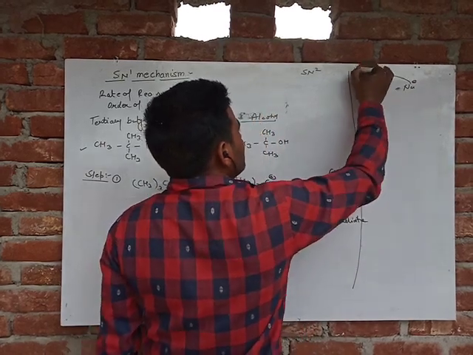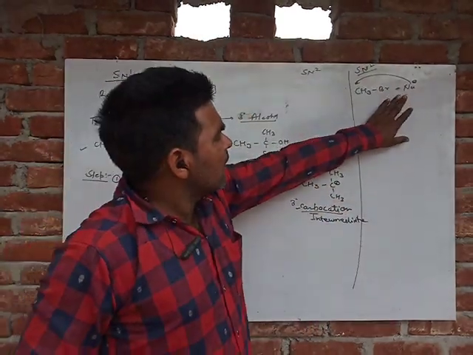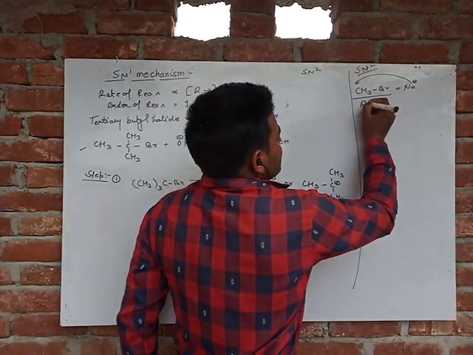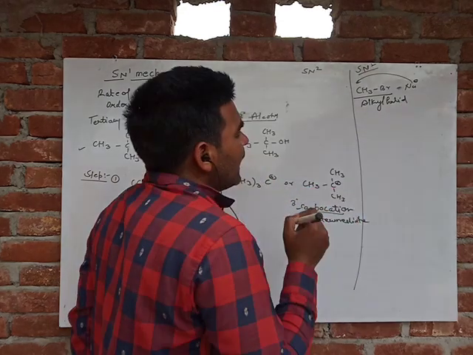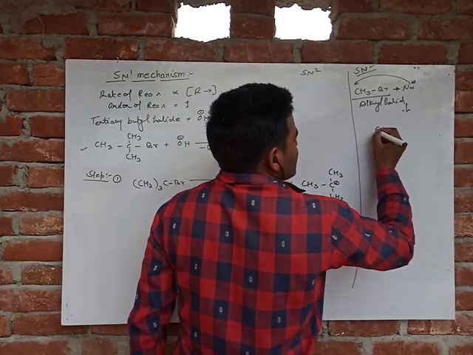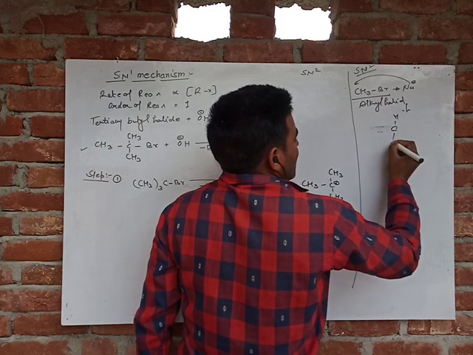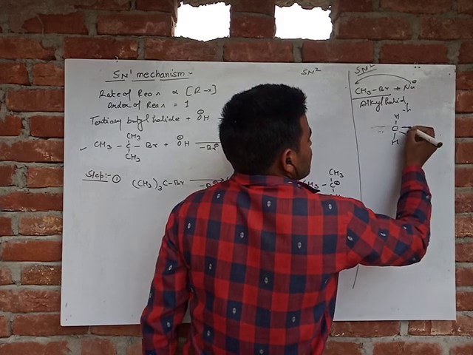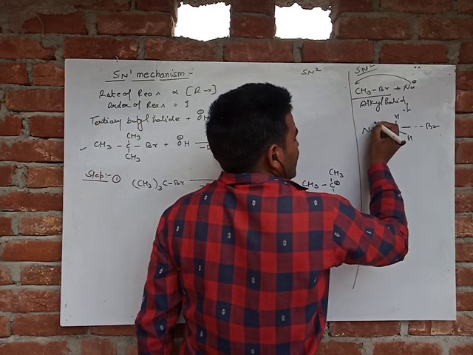In SN2, the nucleophile attacks first on the alkyl halide and forms a C, H, Br and Nu species.